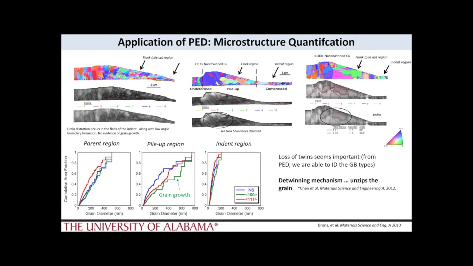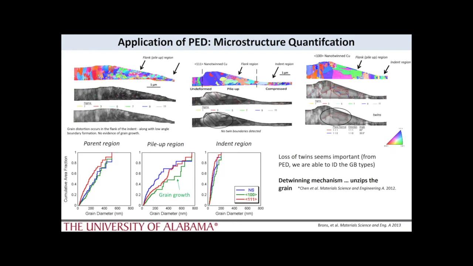What I wanted to get across with this, to motivate the rest of this talk, is how PED, the ability to ascertain and quantify these small scale grain structures, really gives us insights into how mechanisms occur.